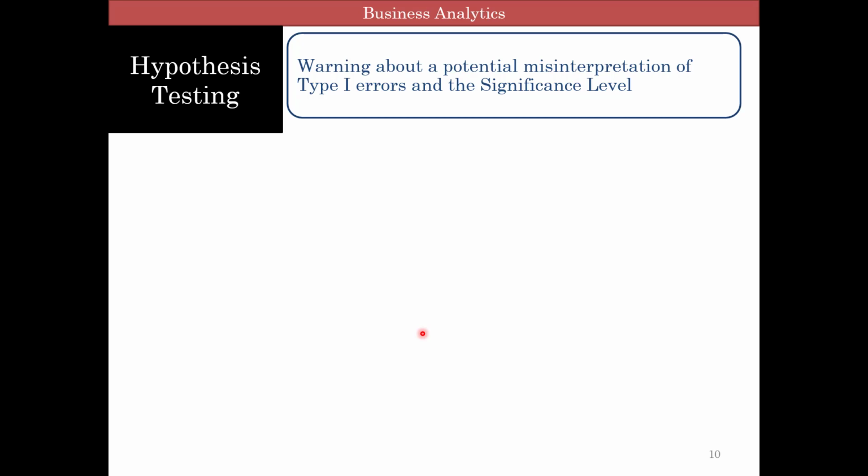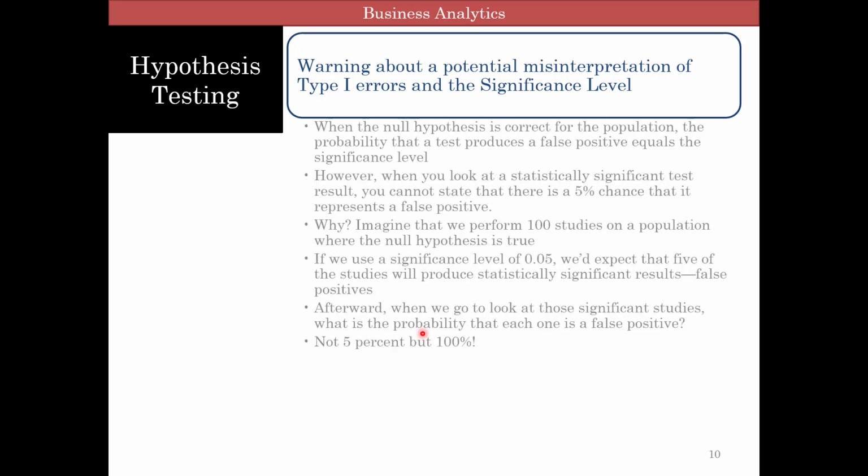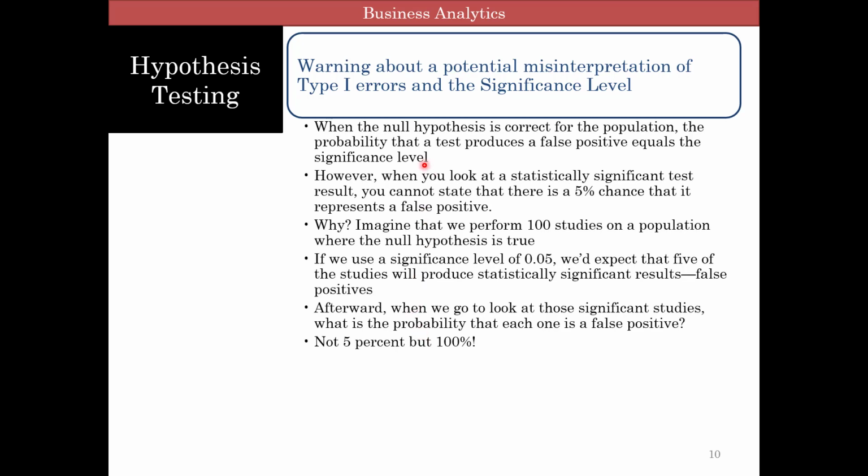There's a warning about potential misinterpretation of type 1 errors and significance level. When the null hypothesis is correct for the population, the probability that a test produces false positives equals your significance level. However, when you look at a statistically significant test result, you cannot say that there is a 5% chance that it represents a false positive, right?